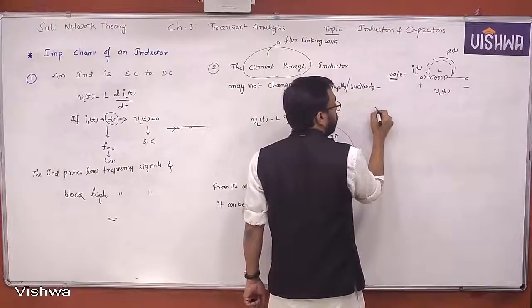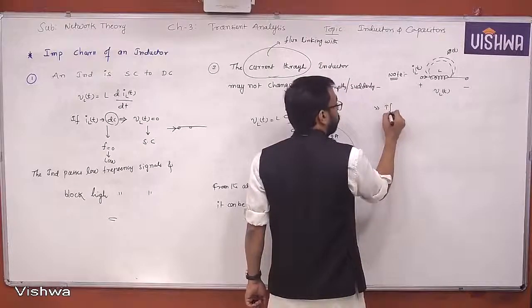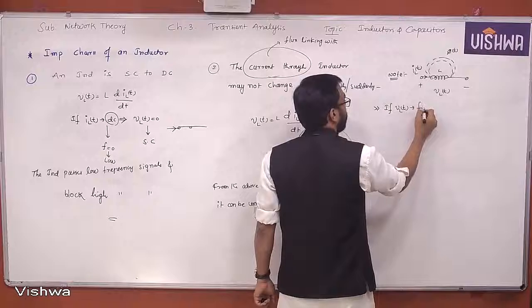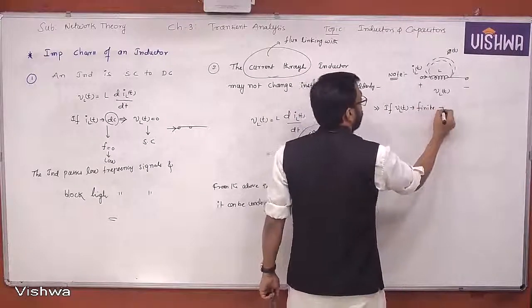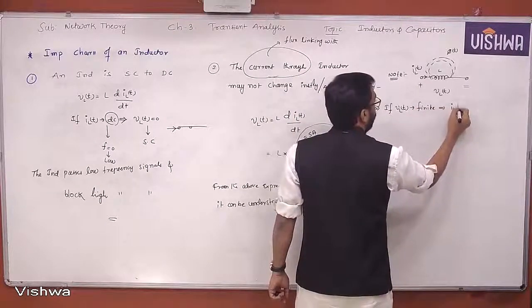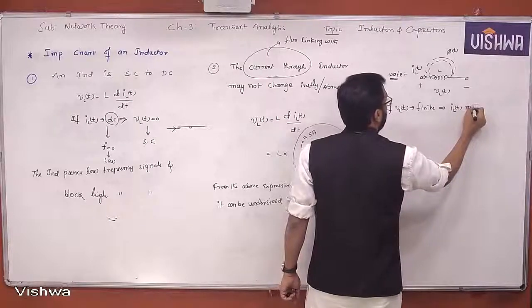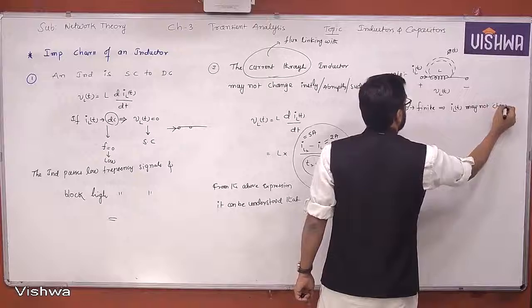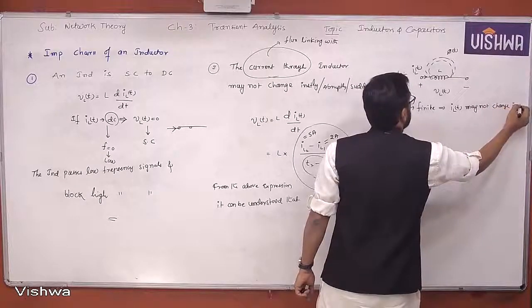The first point: if VL of t is finite, then IL of t may not change instantaneously.